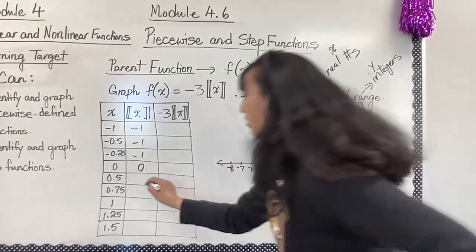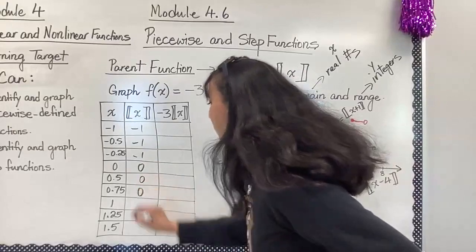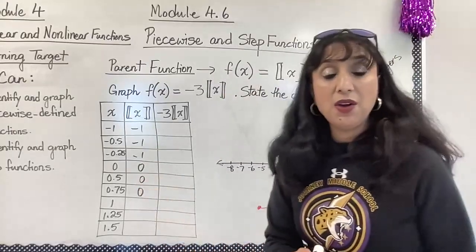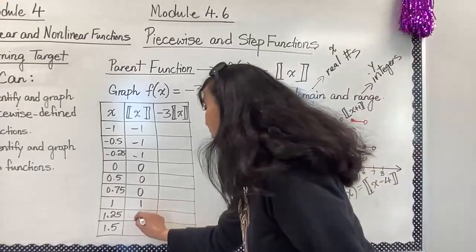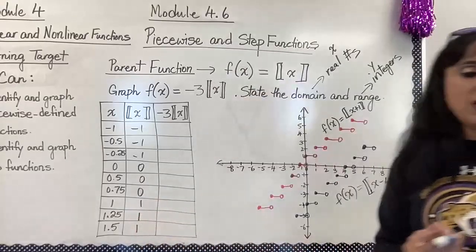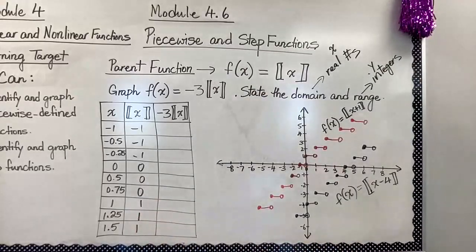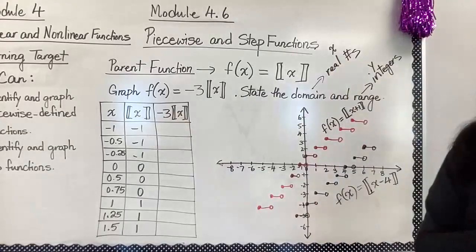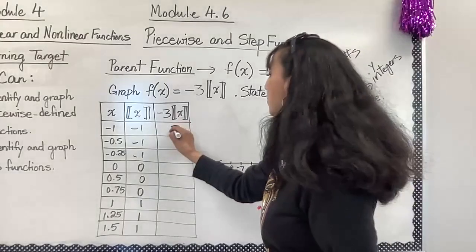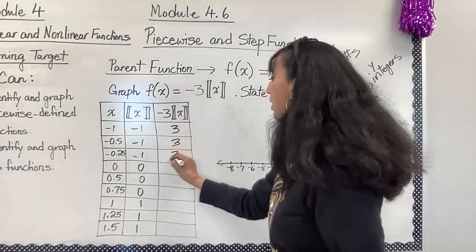And then I know that 5/10 is rounding to 0, 75/100 is rounding to 0, right? And then I have a 1, and 1 and 25/100 will round down to 1, and 1 and 5/10 will round down to 1. And then after that, I am doing -3 of this. So -3 times -1 gives me 3, 3, 3.